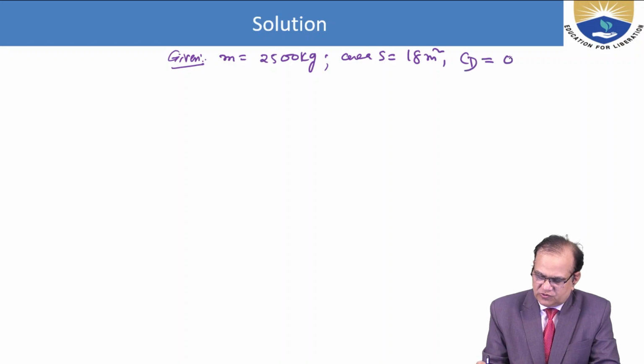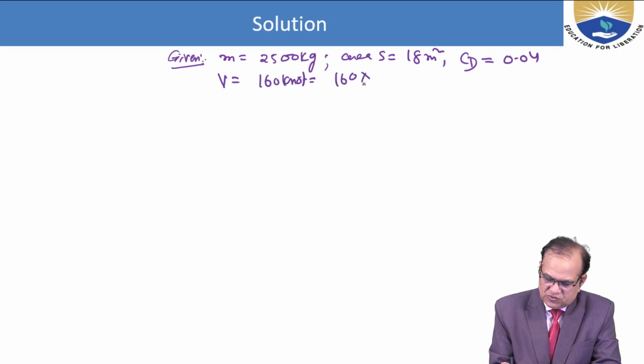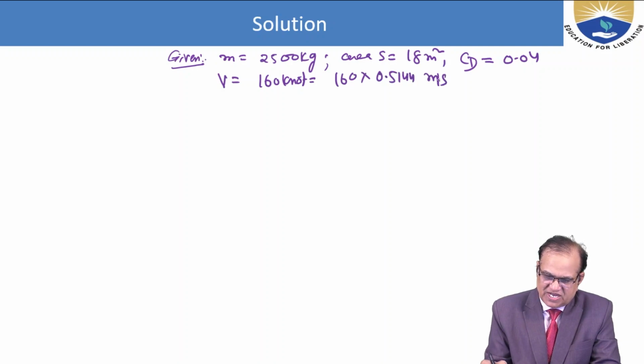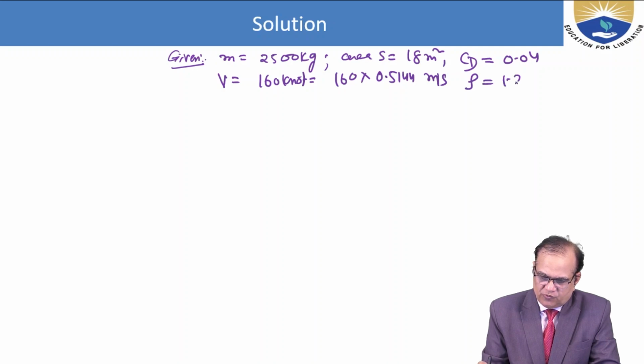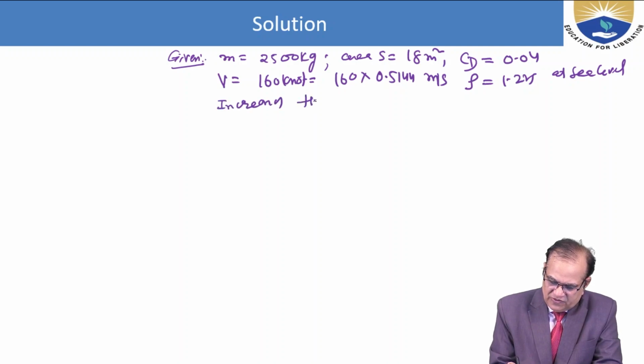Coefficient of drag is equal to 0.04. Velocity of this aircraft is 160 knots, or 160 into 0.5144 meter per second. Rho is equal to 1.225 at sea level. Increase of thrust is 20%.